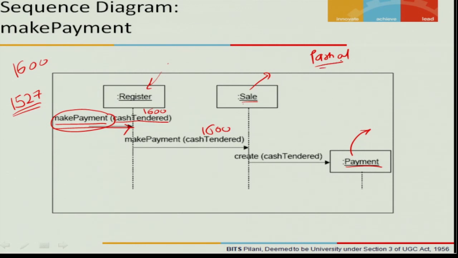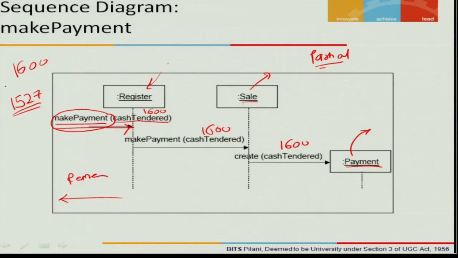Of course it may be a partial diagram and you can complete this diagram, considering what happens in this scenario and what other messages you can add. So this cash tender will be completed. The payment object will be created, and maybe finally, after completing this whole sequence diagram, the register will give a response to the outside world saying what the remaining amount is.